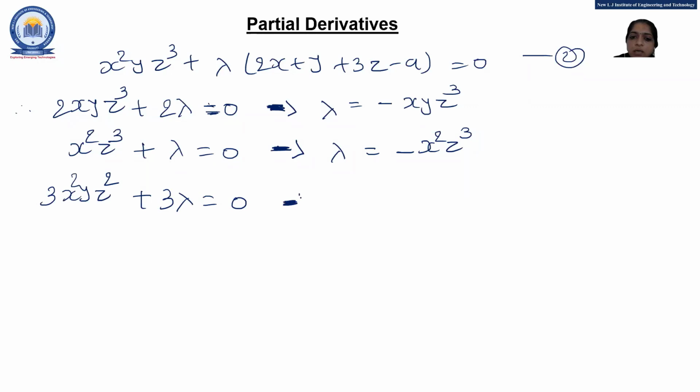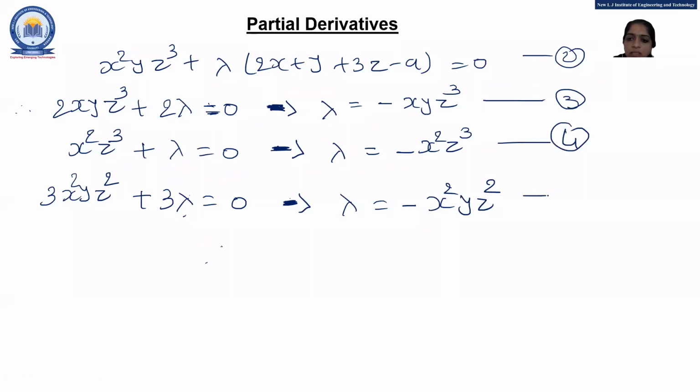If I keep lambda as the subject, both 3s cancel out, and lambda is equal to minus x square y z square. So this is equation 3, this one is equation 4, and this one is equation 5.